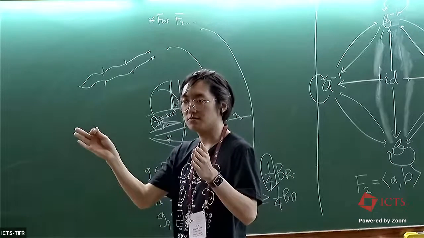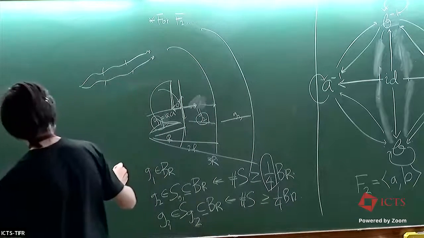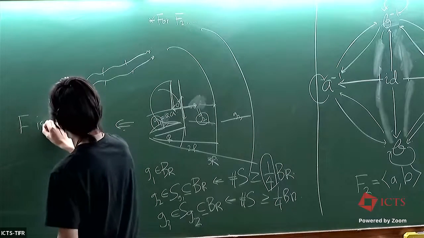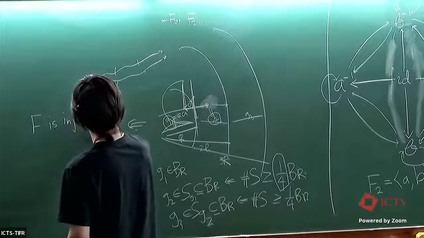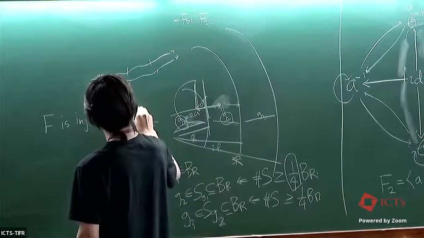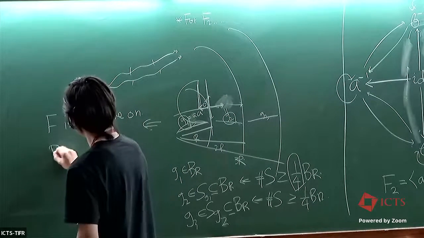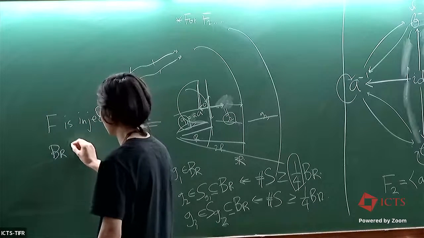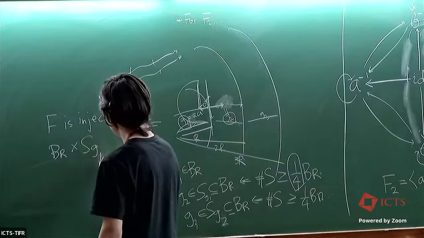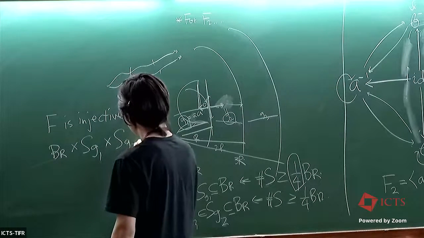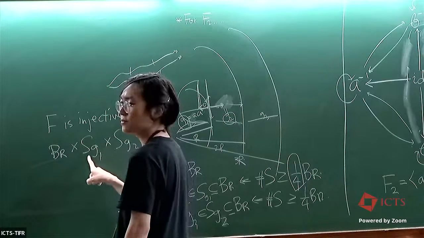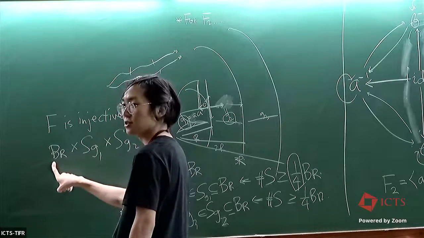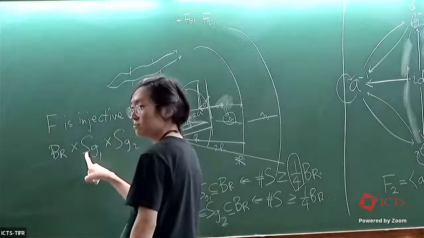Hence the injectivity. So in this case, F is injective on this domain. This is really not a valid notation, because S(g_1) is not a uniform set, but the nature of S(g_1) really depends on the choice you made here, and S(g_2) really belongs to here.